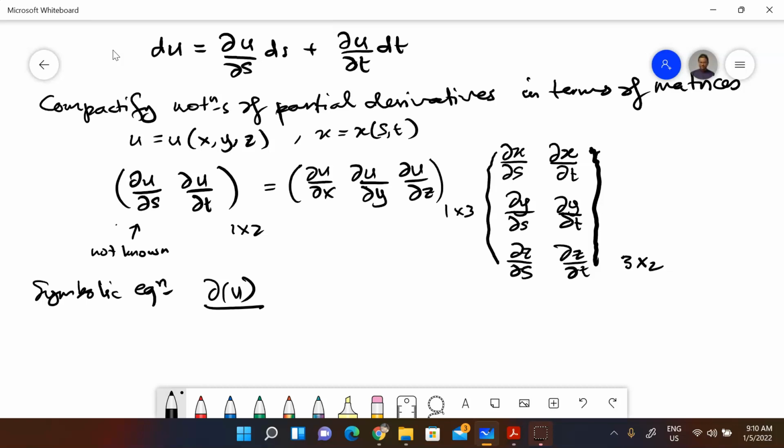This is not really a partial derivative. The bracket just tells us what is the function and what are the variables. So here you have your bracket s and t. This is representing this matrix. I hope you can see the cursor.